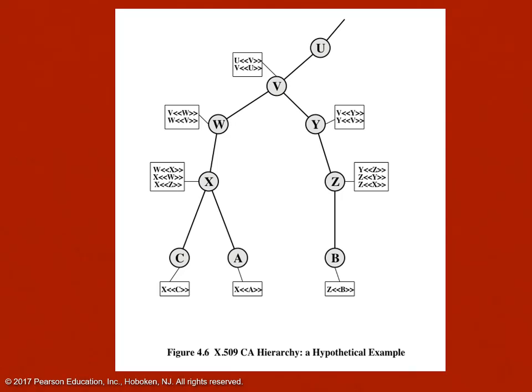As you can see, the directory entry for each CA includes two types of certificates. Forward certificates, certificates of X generated by other CAs. Reverse certificates, certificates generated by X that are the certificates of other CAs.